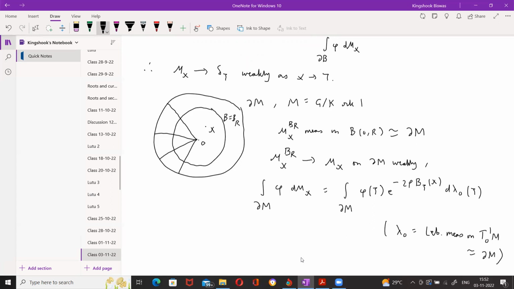So this is the Poisson formula. This will give you the solution of the Dirichlet problem at infinity, u phi of x. This is going to be harmonic on M, and u restricted to boundary M equals phi.